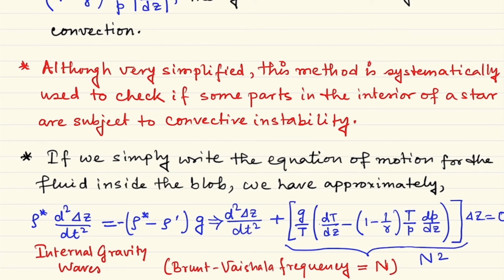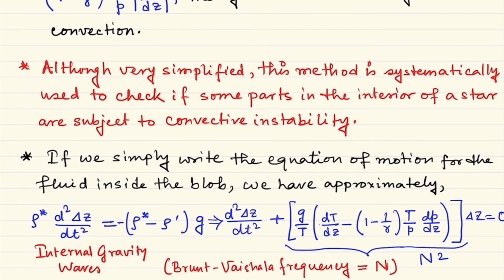When the blob is displaced, the force density equation for the blob is nothing but rho star d2 delta z dt2, that is its instantaneous acceleration, which will be equal to minus rho star minus rho prime times g. So that is the effective gravity field which is acting on the blob.